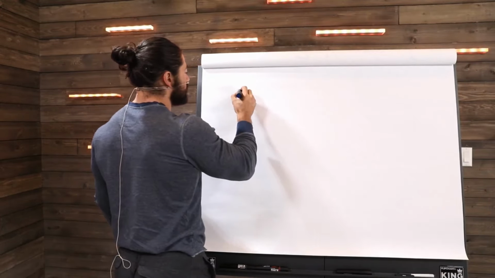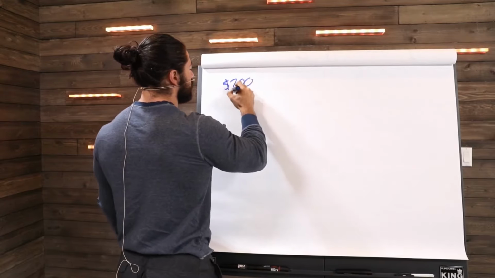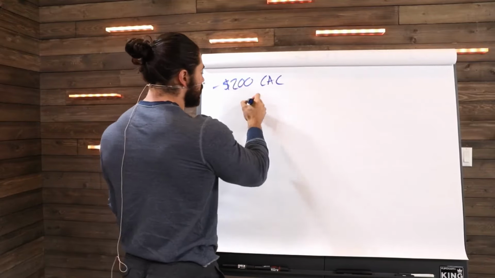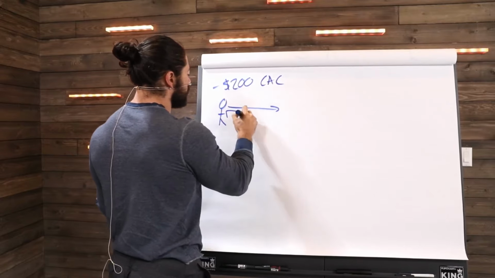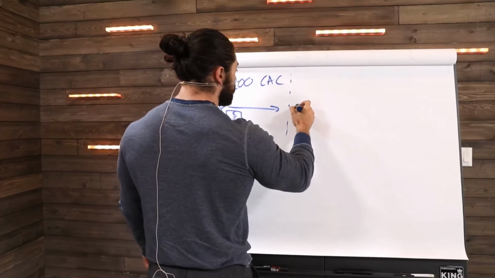A person comes into the business, let's say I pay $200 in CAC. So I'm now negative $200. This person comes into my business, they've got their little money, and they decide to give me money.